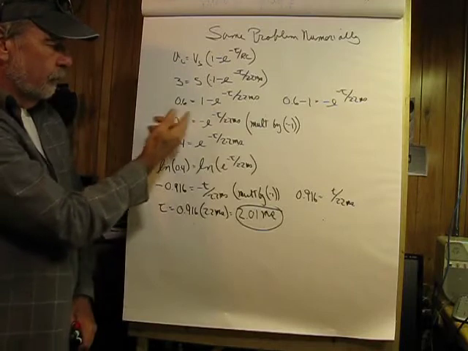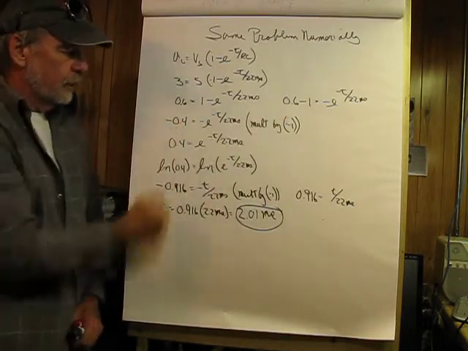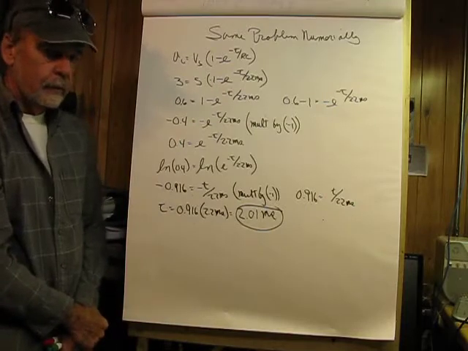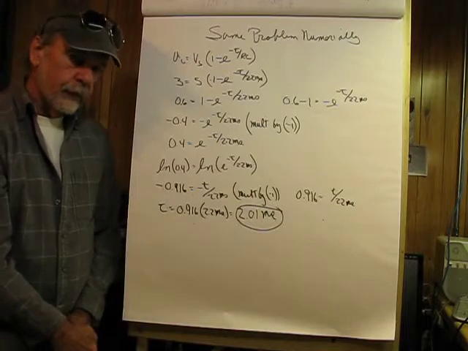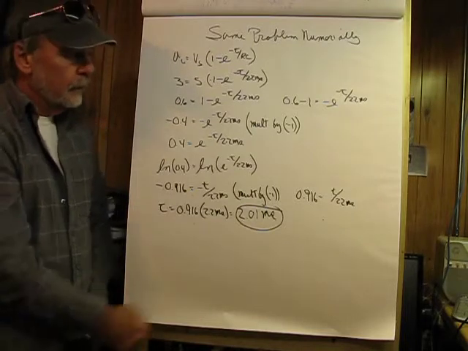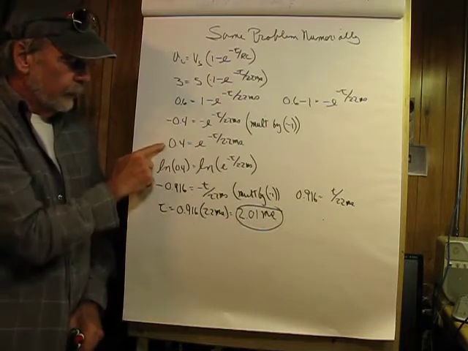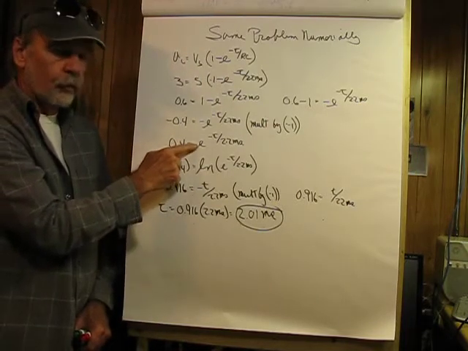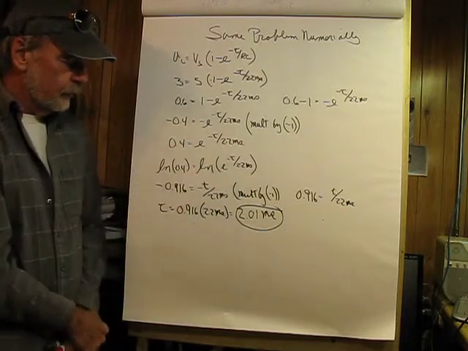Combining these, 0.6 minus 1 is going to give me negative 0.4 is equal to negative e raised to the negative t over the time constant. I need to convert this, so I'm going to multiply both sides by negative 1 again. So I end up with positive 0.4 equals positive e raised to the negative t over our time constant.